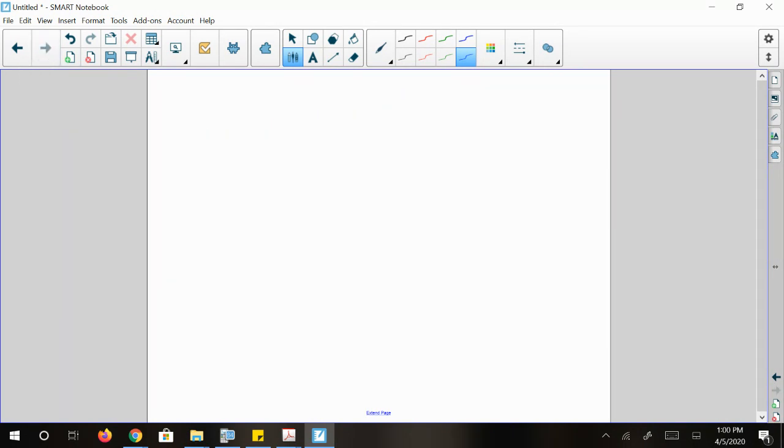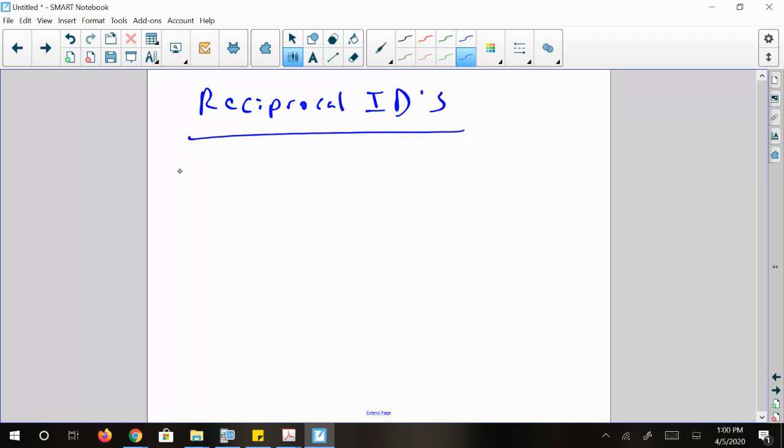Okay, so you already know these. Another set that you already intuitively know, but we might not have put a name to, are the reciprocal identities. So here are your reciprocal identities. Cosecant of theta is just sine flipped over. If we take sine of theta divided by 1 and flip it over, we get 1 over sine of theta.